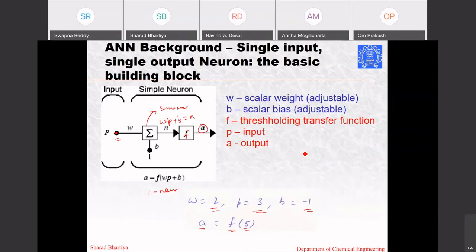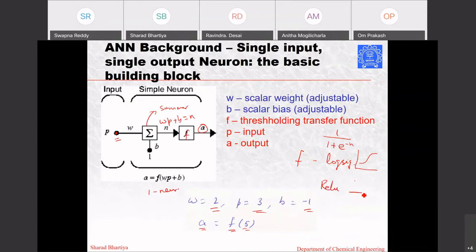Very common thresholding functions are, for example, the logistic sigmoid, log sig as we call it. It looks like an S-shaped function, and it is 1 over 1 plus e to the power of minus n. Another very popular function these days is ReLU, the rectified linear unit.